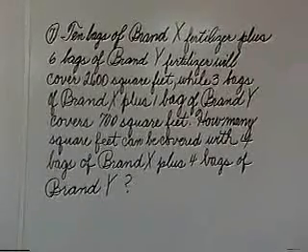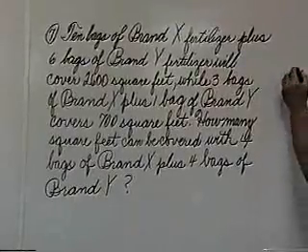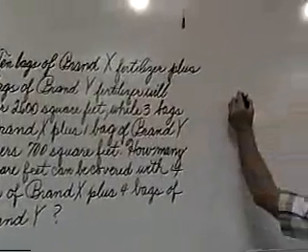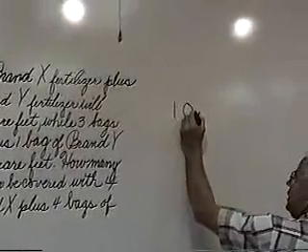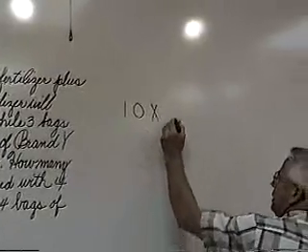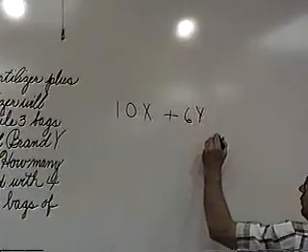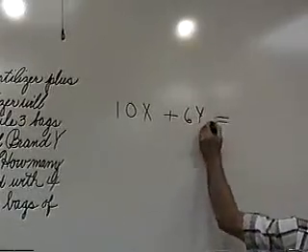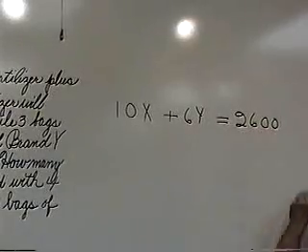So let's read the first sentence and see what we can say. 10 bags of brand X. Okay, so let's look over here now as I work the problem. It says we have 10 bags of brand X plus 6 bags of brand Y, and that will cover 2,600 square feet.